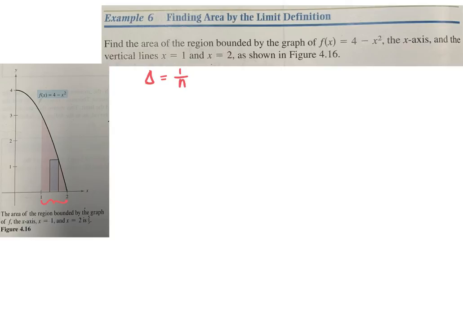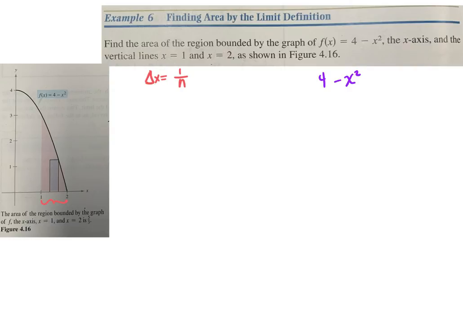But all of a sudden, you have to bump over what you were doing. So your function here is 4 minus x squared. Well, your x squared is not just going to be your delta x plugged in times i. You have to add a 1 to it because you're starting at 1 now.